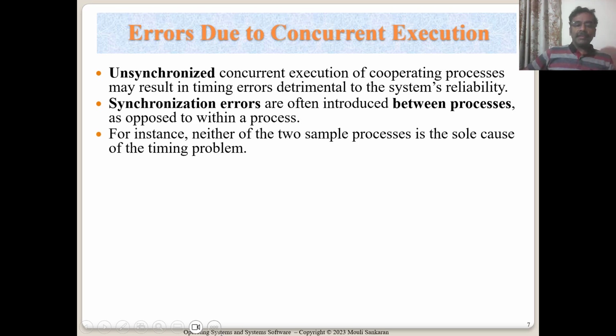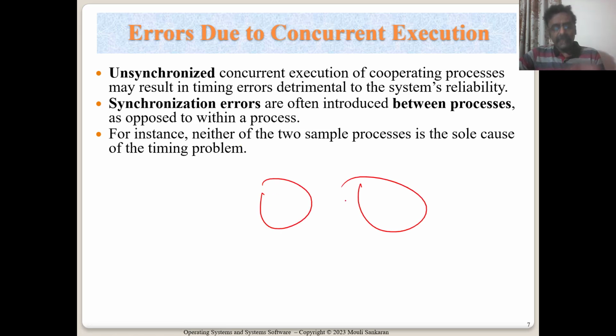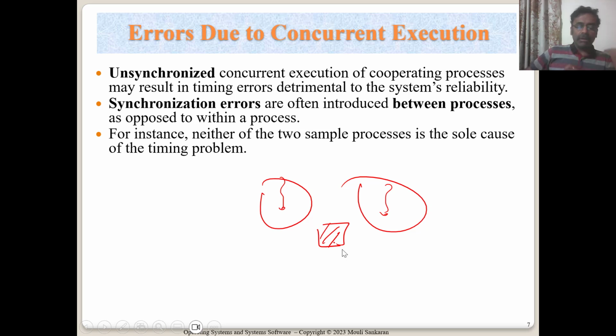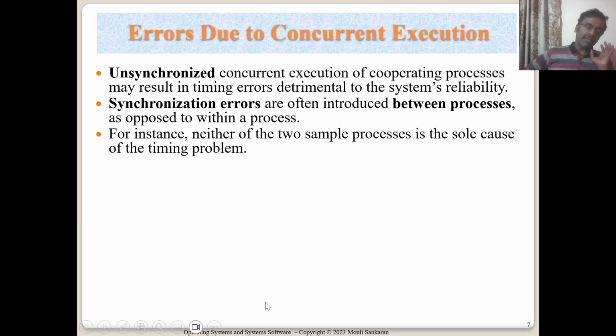Okay. So, for instance, neither of the two sample processes is the sole cause of the timing problem. When these problems happen, the two processes involved are not doing anything wrong. The problem happens because they are running in parallel and trying to access something common. Please remember, nothing is wrong with the way you write a program; if only one process runs, there is no issue. But when both of them run, there is an issue that needs to be taken care of by properly using the IPC mechanism provided by the OS.